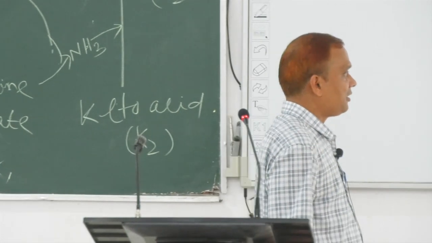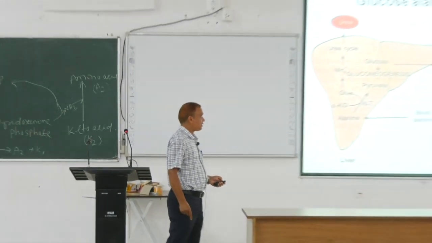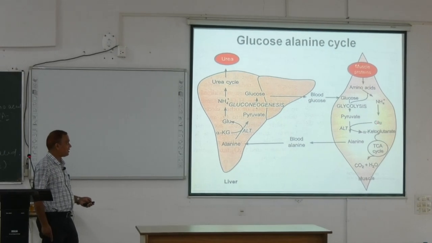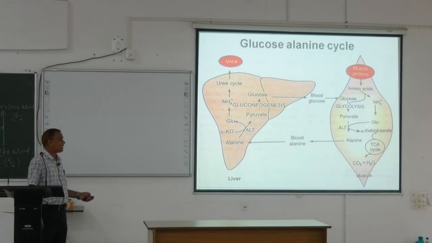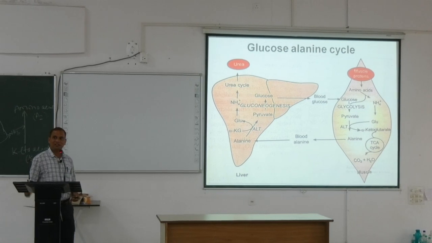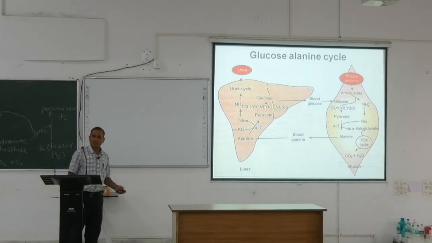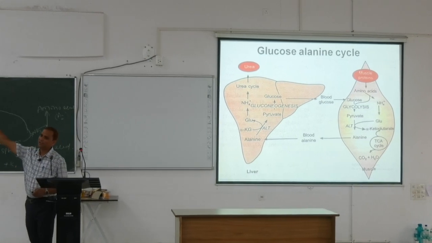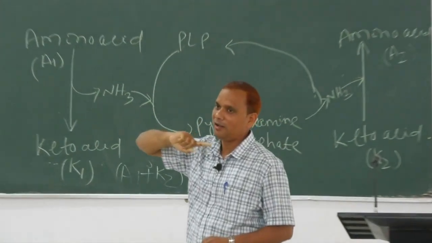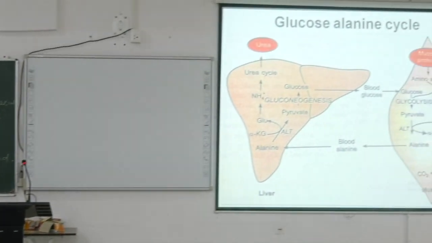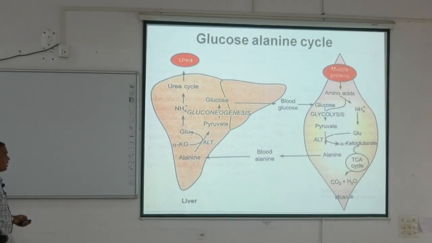Alpha ketoglutarate can be synthesized by the transaminase reaction. Once alpha ketoglutarate is synthesized, it will go for the TCA cycle. And alanine can be synthesized.